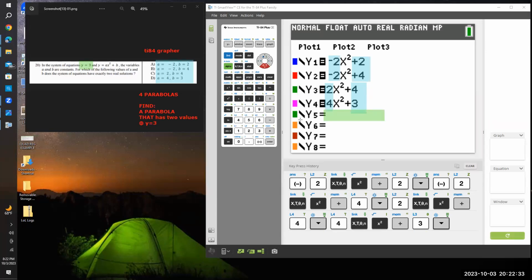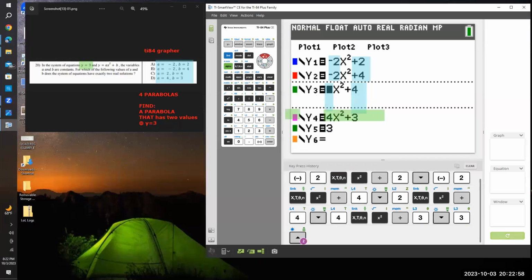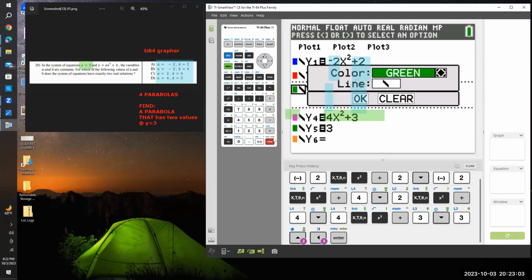Okay, and I know that that's going to be in green because I can see the green color here. So I'm going to change this color as well as I do this for you. All right, so because this is 3, this will be the line that we're testing. I'm going to scroll up and change this color to something else because it'll be distracting if it's a green line as well.